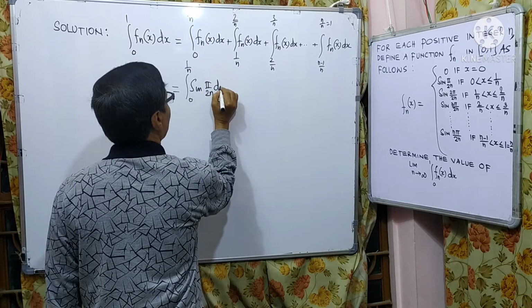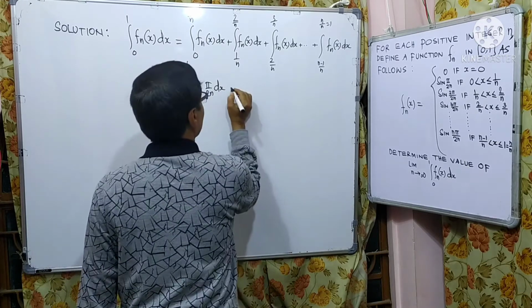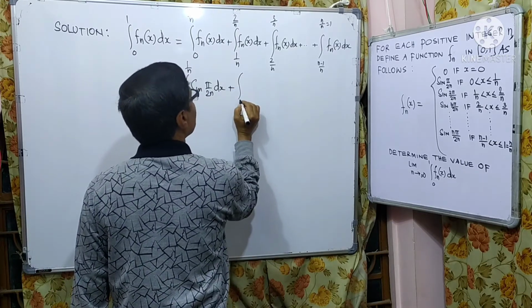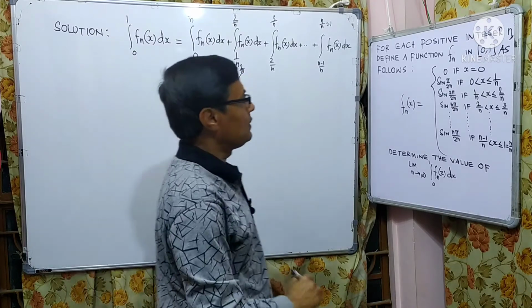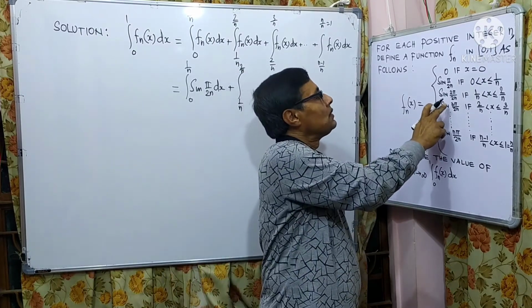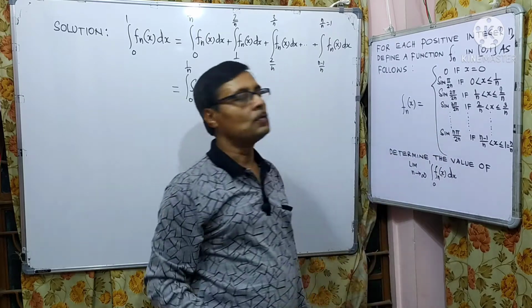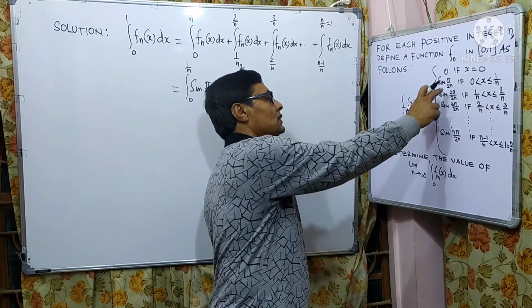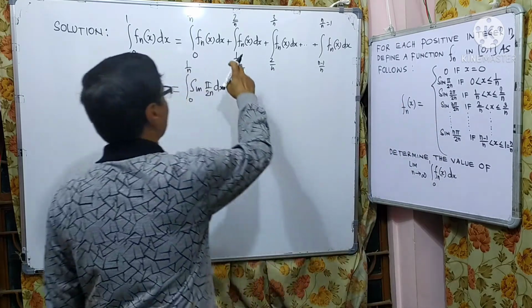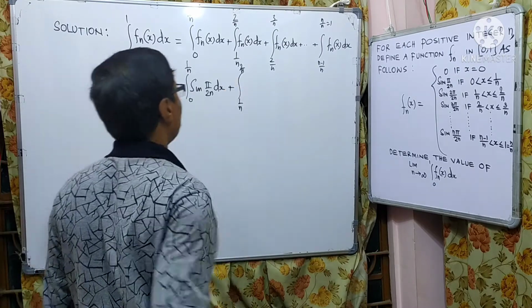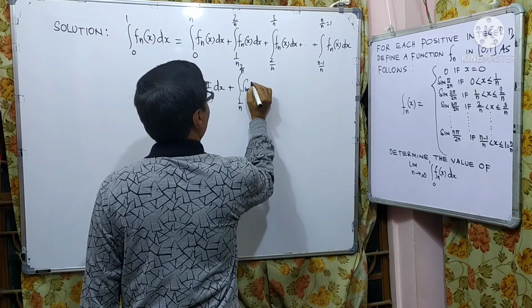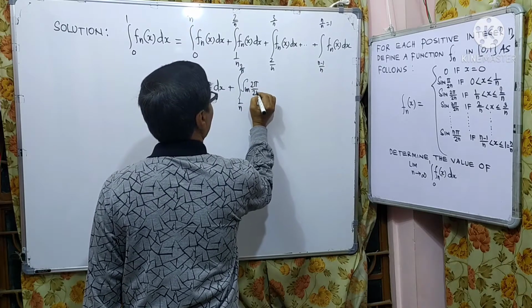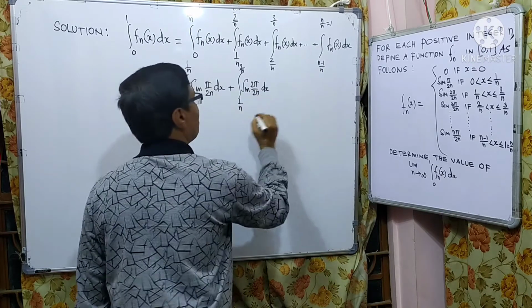Also in the semi-closed interval (1/n, 2/n], the function is defined as constant. This constant is sin(2pi/2n). So we can put this constant value in the interval 1/n to 2/n, that is sin(2pi/2n) dx.